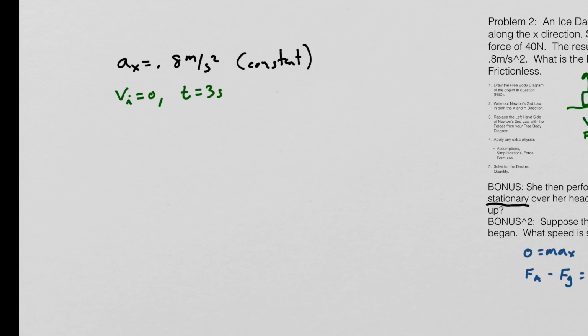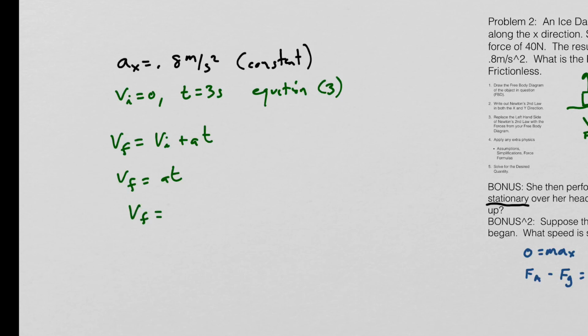And so this is a perfect candidate, once again, for good old equation 3 from our previous chapters, which tells us that v final is equal to v initial plus at, which means that v final is just at. And so we see here that v final is simply 2.4 meters per second.